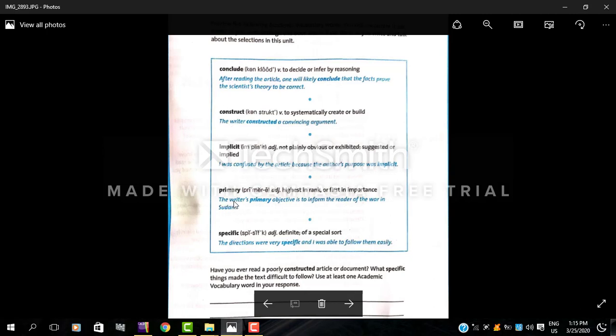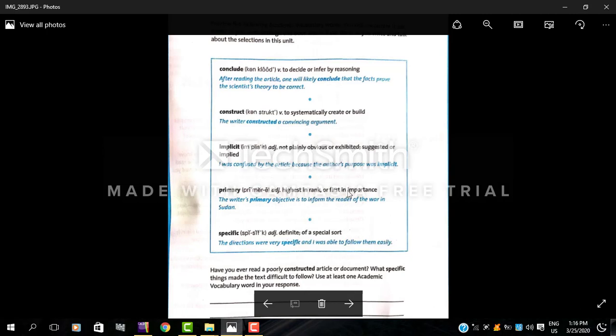Word number 4, primary. Primary means first in importance, so you can underline first in importance. The writer's primary objective is to inform the reader of the war in Sudan. His most important objective, which means goal, is to tell us about the war in Sudan.